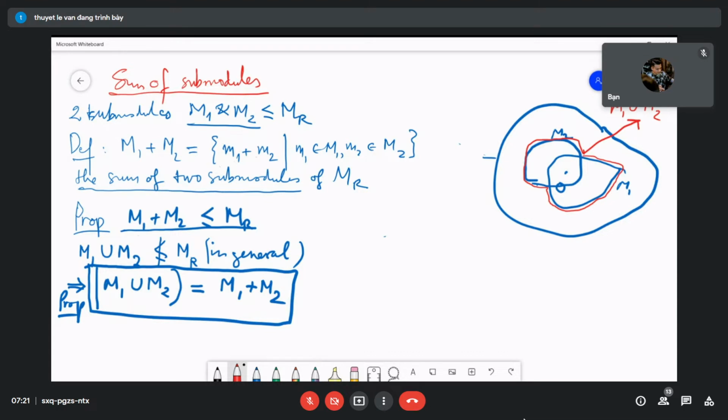But you know that the union of M1 and M2 is not a submodule of MR in general. So we will take M1 plus M2, something like this.